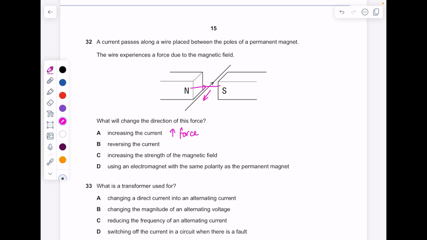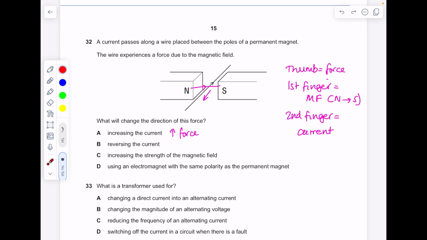Magnetic field lines always run from north to south, and then using Fleming's left-hand rule, the thumb shows the direction of the force, the first finger shows the direction of the magnetic field, which remember is always north to south. The second finger shows the direction of the current. Now, by changing the direction of the current, clearly you'll change the direction of the force.